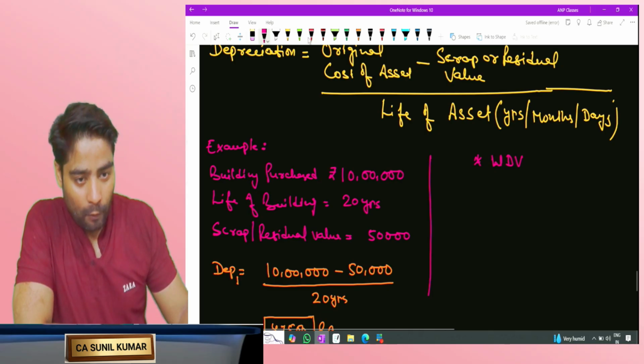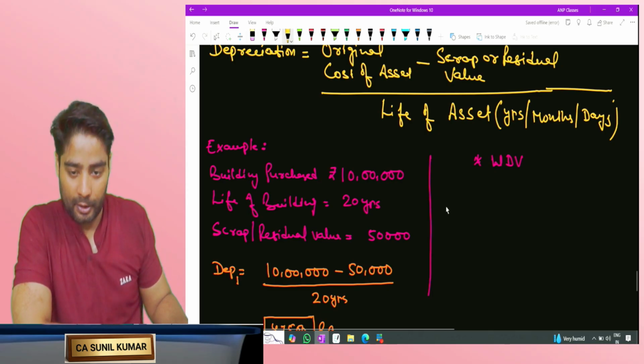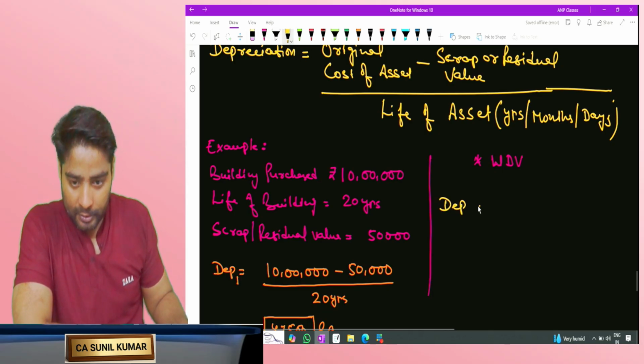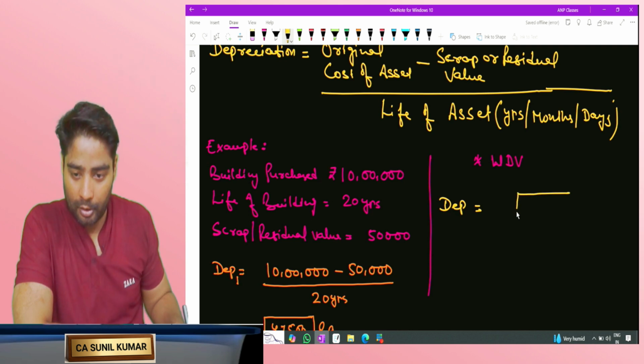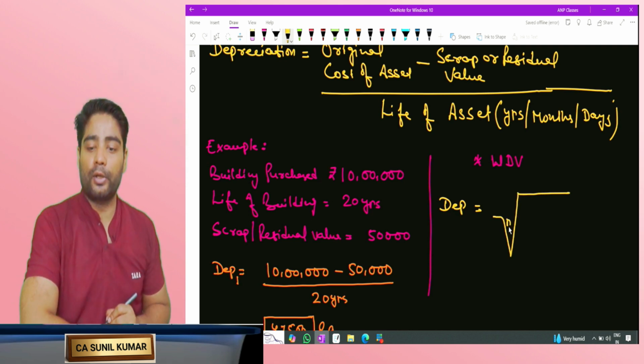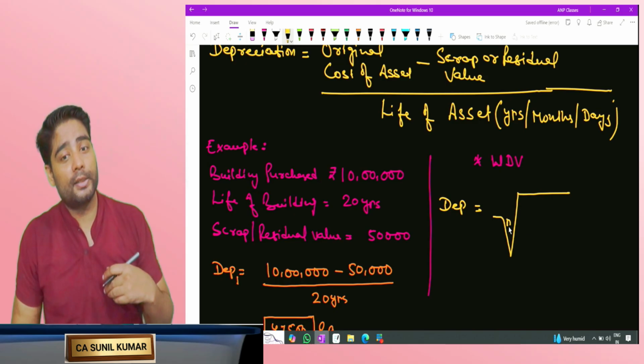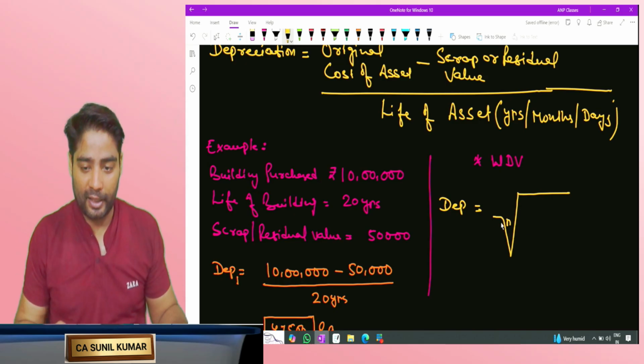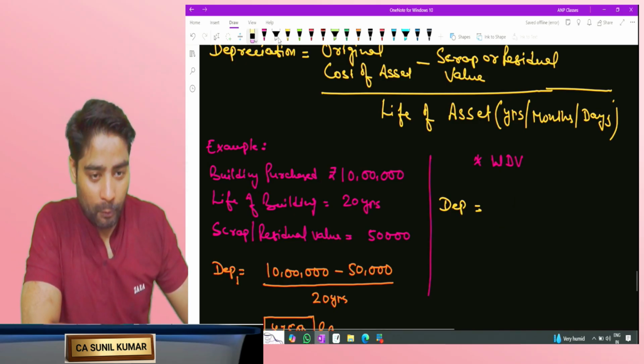So what is the formula of depreciation in this method? Sir, we shall calculate depreciation under root divided by under root, and the root is not a square root. This is the nth root, n. So how shall we provide depreciation?